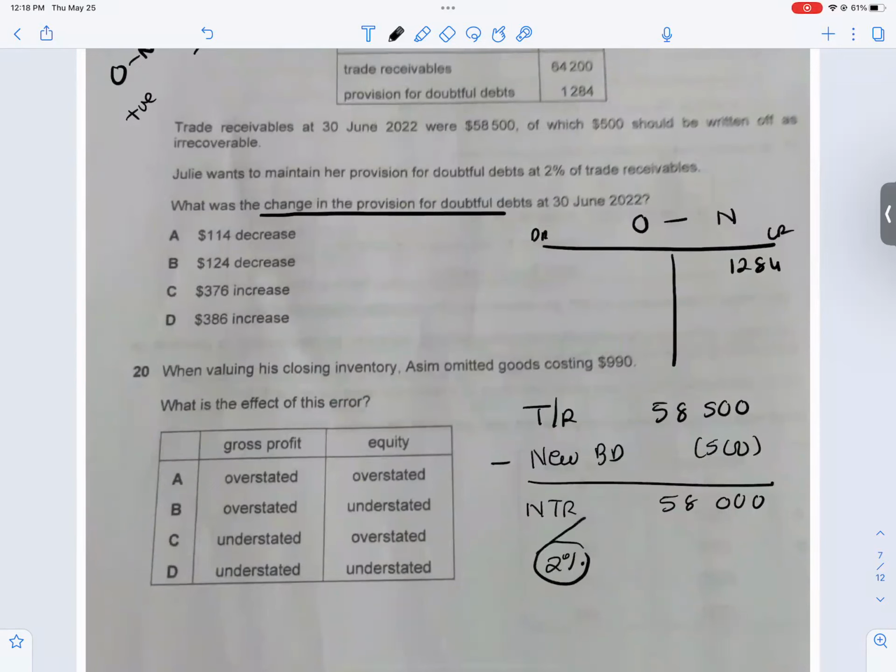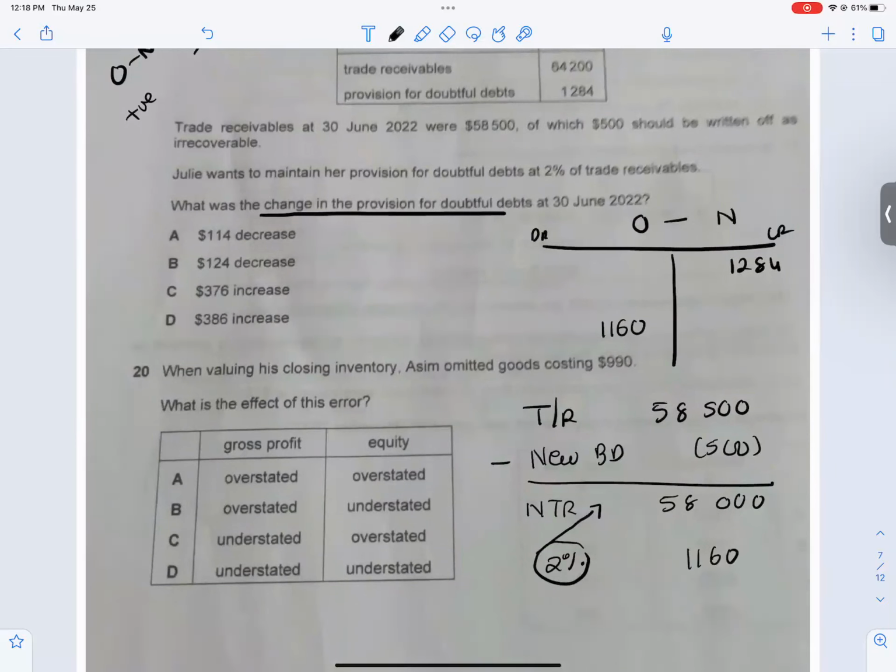Provision is always created as a percentage of your net trade receivables. So it'll be 2 upon 100 into 58,000. So how much? 1160. So your new provision is 1160.